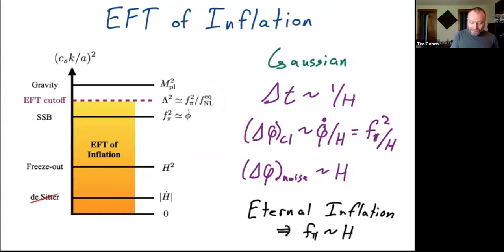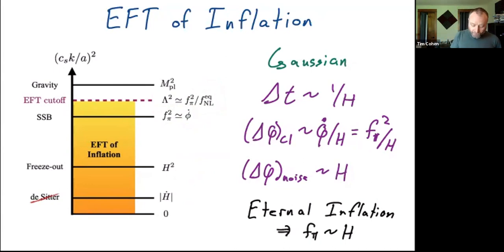So if you like, that's set by some heavy scale lambda. Then there's the pion decay constant, which is associated with this Goldstone boson, and that's essentially set by the time evolution, okay, phi dot. There's the Hubble scale, which is basically the energy scale associated with inflation down here.